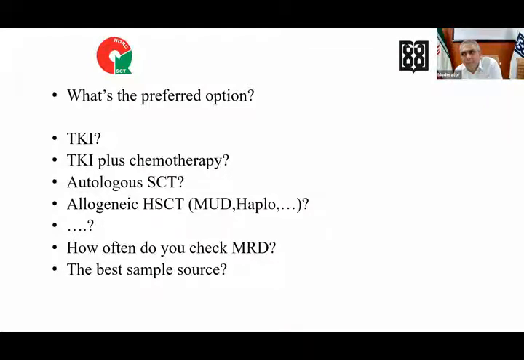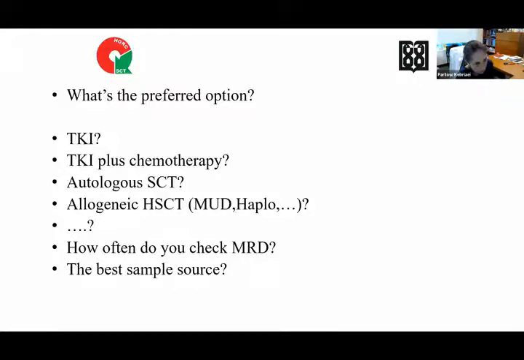So I would say that at our center, we are not using this less intense therapy. We are still using hyper-CVAD. And with hyper-CVAD and a TKI, now we're using ponatinib, almost 90% of our patients are MRD negative by day 28.